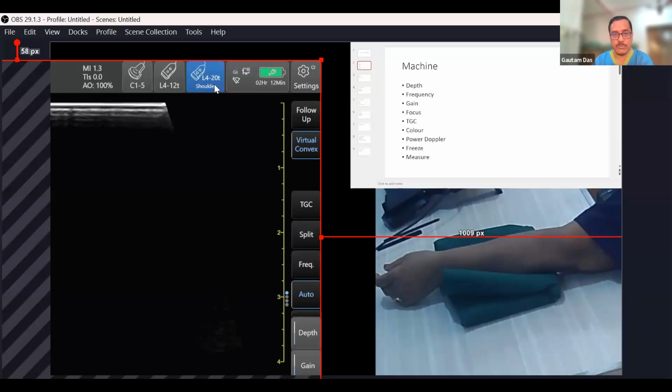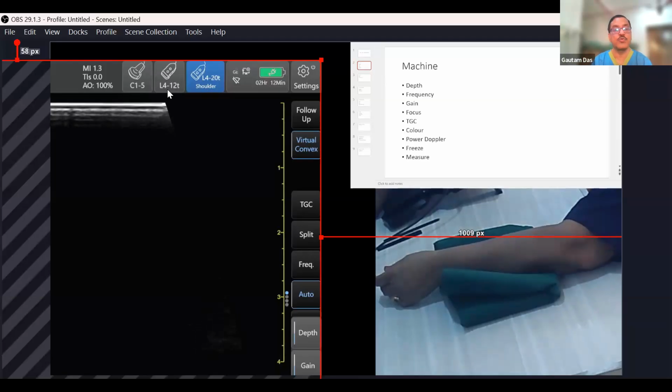But what you are using here is a very high frequency probe with a broader footprint. So these are the best 3 possible probes for this machine. One is very low frequency for seeing the deeper structures. And this one is the mid-range, something around 4 centimeter to 6-7 centimeter.